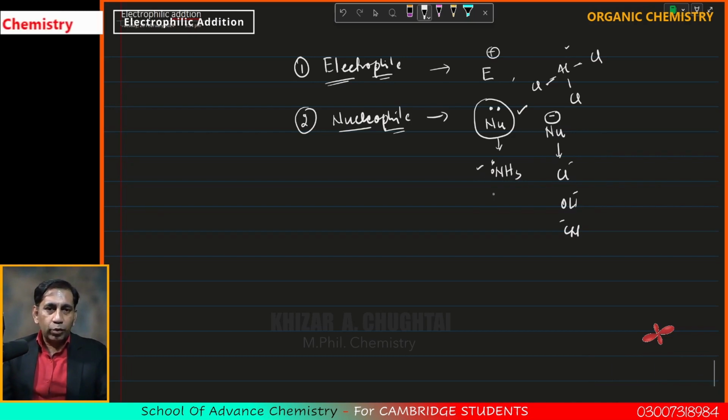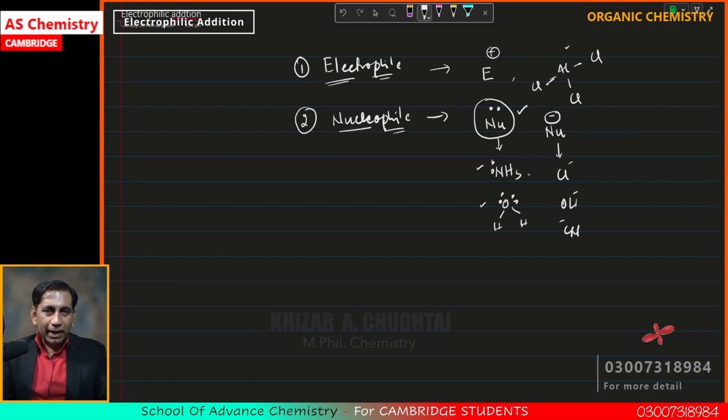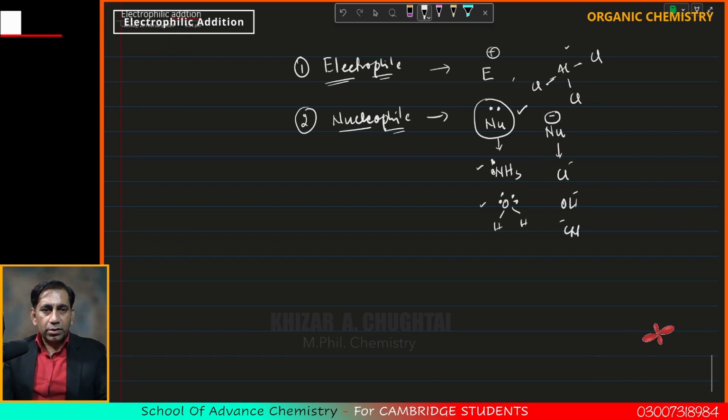One example is ammonia, and the second, the most common example, is the water molecule. They are both simple molecules, not positive or negative ions, but they have lone pairs on their electronegative atom, and they can donate the lone pair of electrons. So they are said to be nucleophiles.